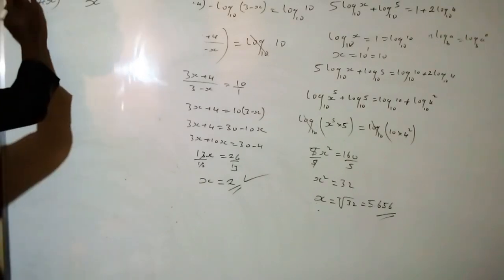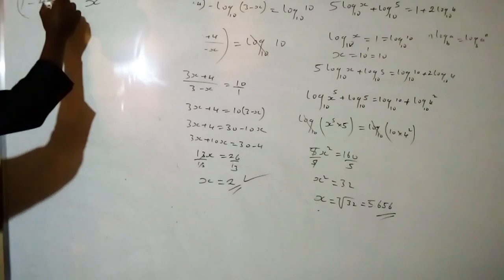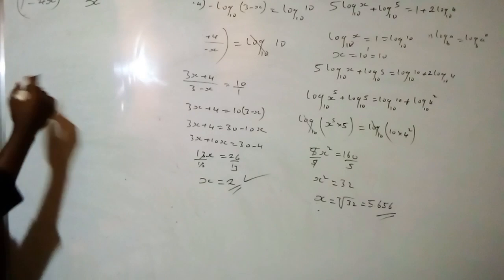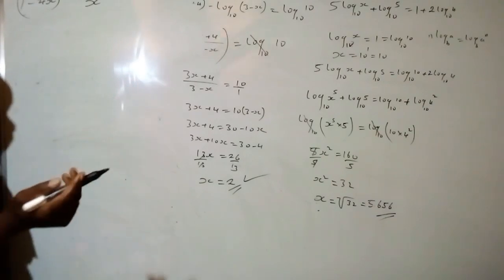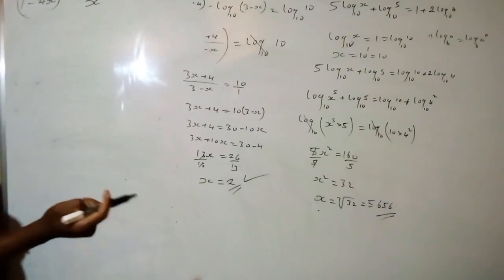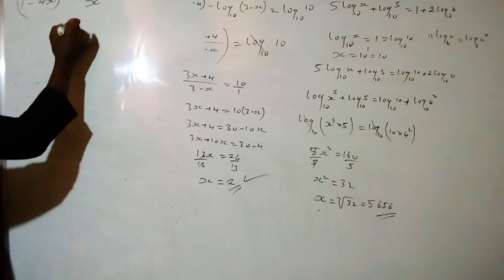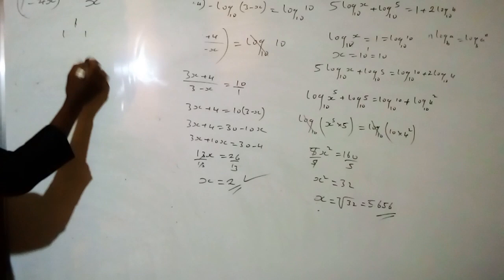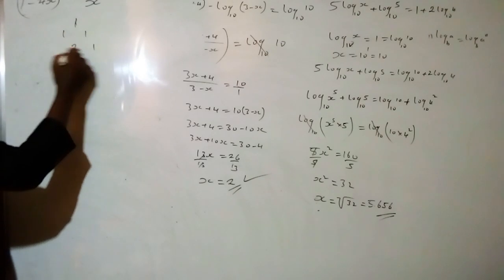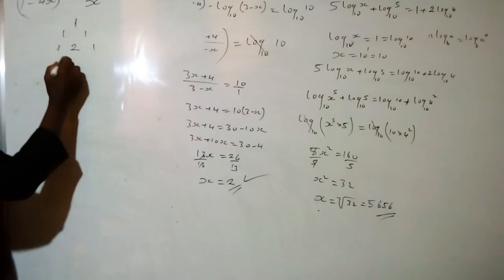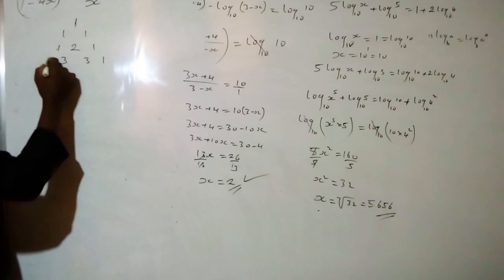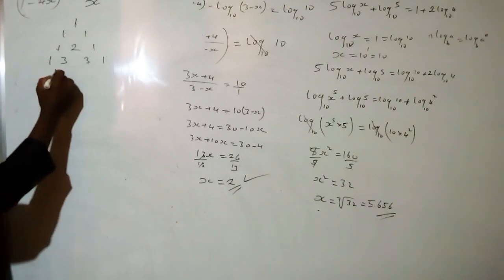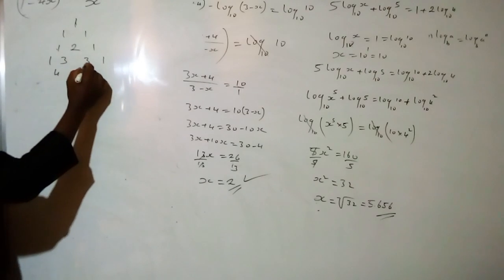You're supposed to use Pascal's triangle, and since it's raised to the power 6, you can use values from your four-figure table, or you can even derive them. We start with 1, then next is 1 1. 1 plus 1 is 2, so 1 2 1. 1 plus 2 is 3, 2 plus 1 is 3, so 1 3 3 1. This is for raised to the power 3. 1 plus 3 is 4, 3 plus 3 is 6, 3 plus 1 is 4, 1 4 6 4 1.